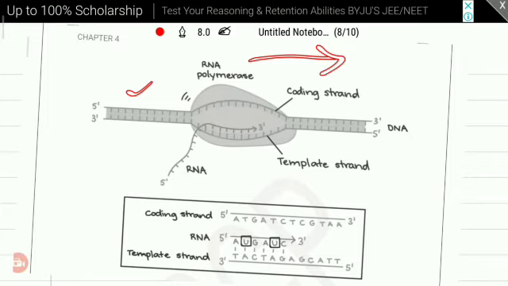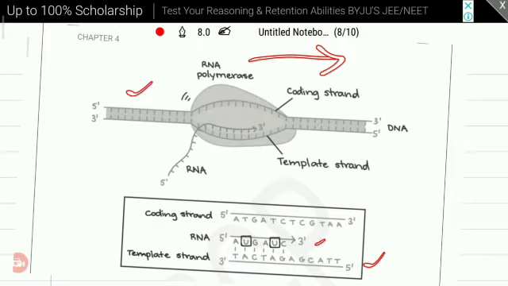While it is moving, what does it do? It reads the template strand one base at a time. What is the meaning of one base at a time? For example, this is the template strand and this RNA polymerase is moving.